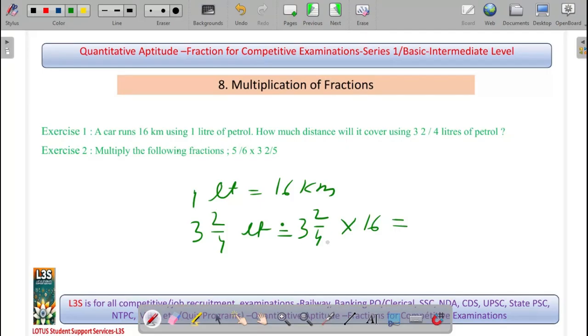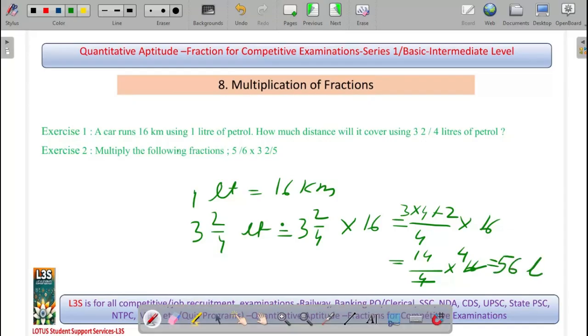So first we will convert into an improper fraction. That will be 3 into 4 plus 2 by 4 into 16. That's 14 by 4 into 16, and then we simplify it. This will be 4, so this will be 56. So it can go 56 kilometers. That will be the result.